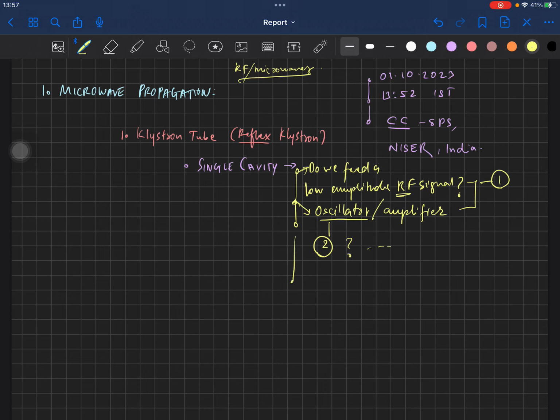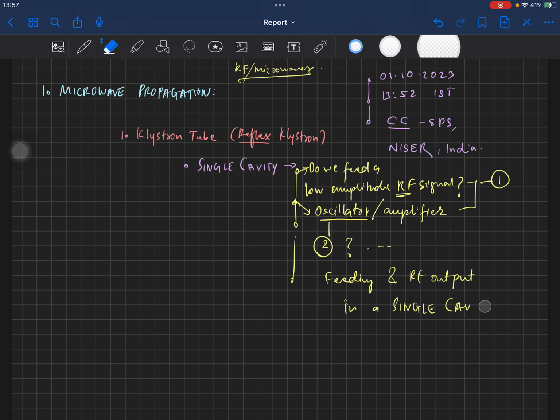So how are feeding and RF output possible in a single cavity? That's the first thing. A single cavity.